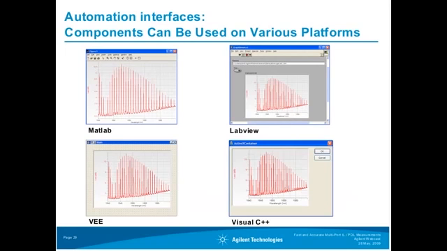You have a MATLAB interface. You can just export the data to MATLAB. The same with LabVIEW. You can obtain the data easily in LabVIEW and do your further processing, or your link to your database in your manufacturing environment, for example, using LabVIEW. And the same applies to Admin and Visual C++.